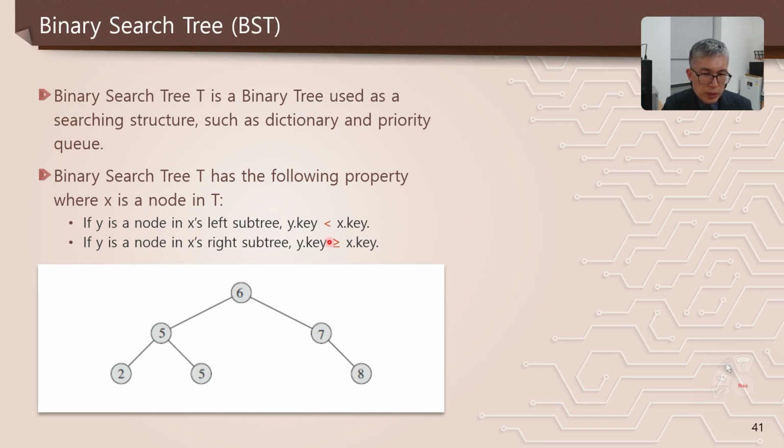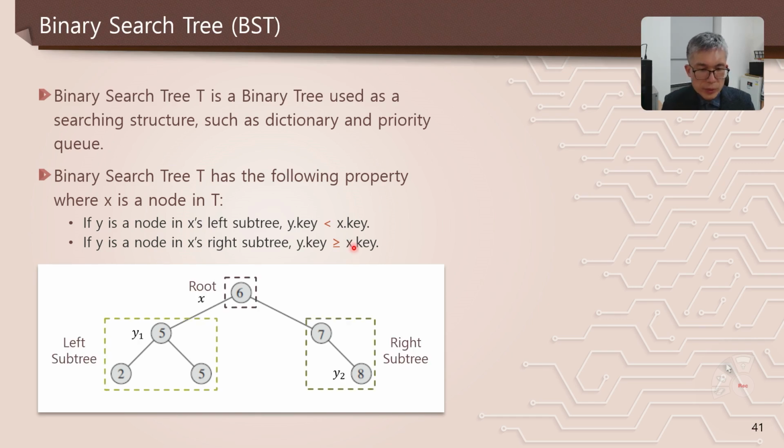The condition is Y's key value is less than X's key value. On the other hand, if Y is a node in X's right subtree, like this case, Y's key is at least X's key value.